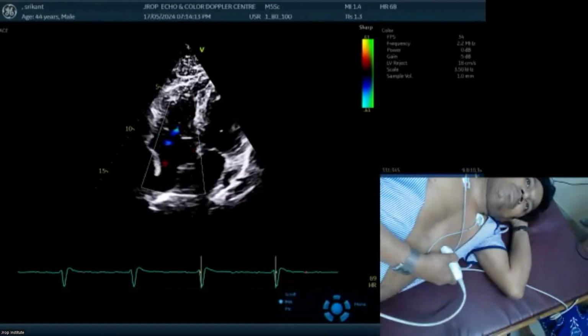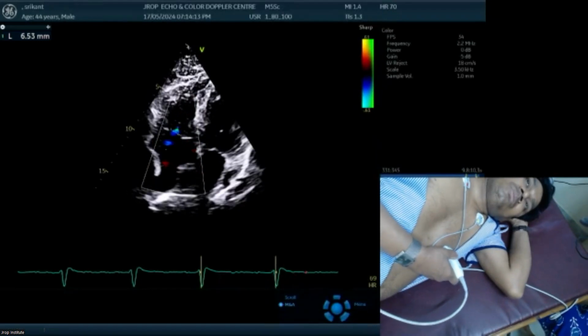This is what the TR is. Here is the TR. If you measure it, this is almost less than 3.3 centimeters.